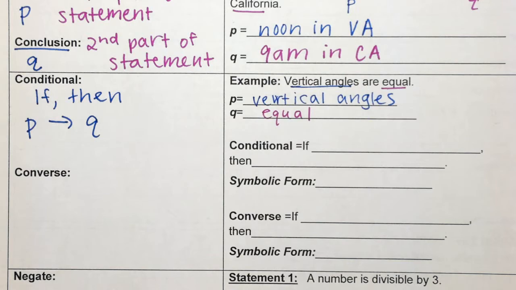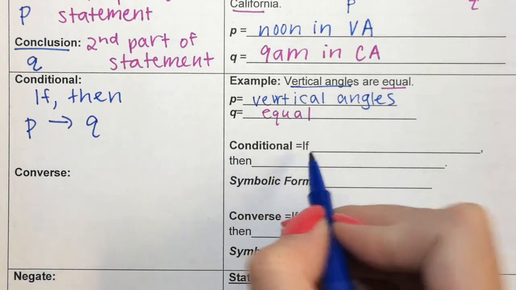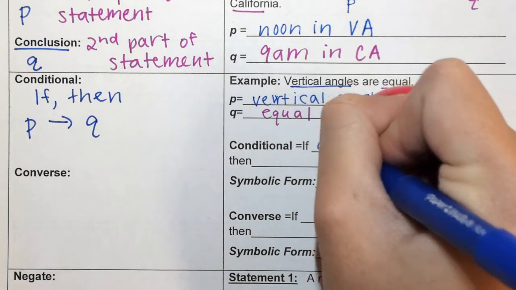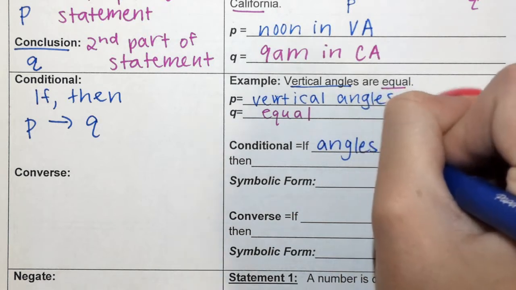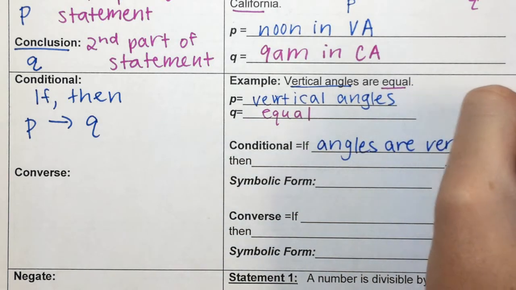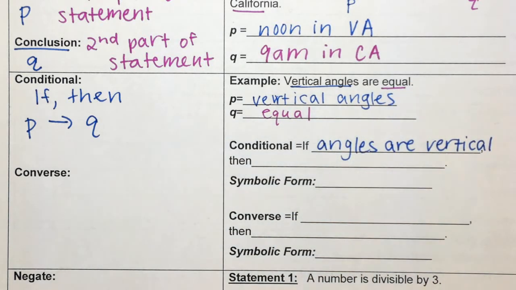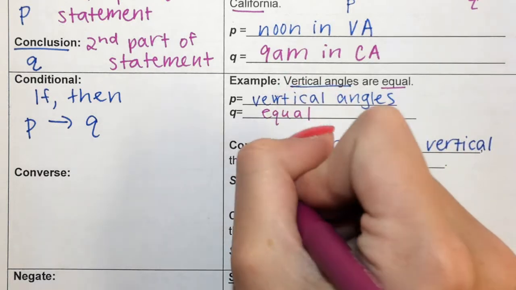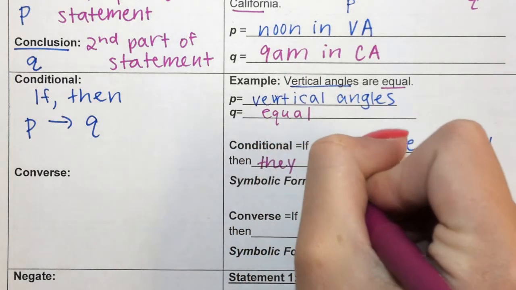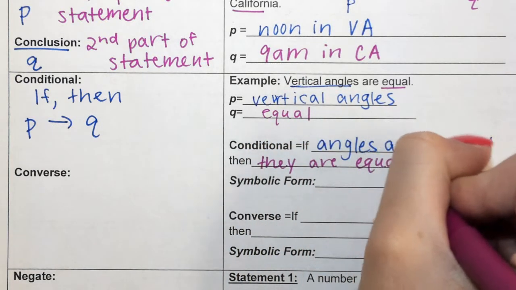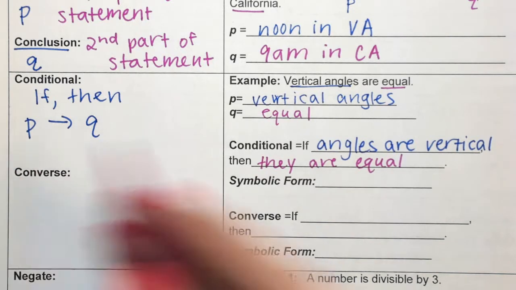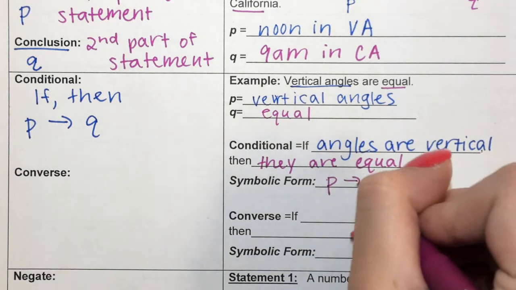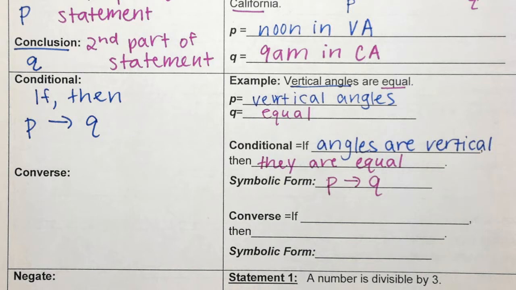So now to make this look like a nice conditional statement, we say if angles are vertical, or you can just say if vertical angles, depends if you want it to sound a little bit more grammatically correct, then they are equal. And like I said over here, our symbolic form is the P, arrow, Q. So this is our conditional statement. If P, then Q.